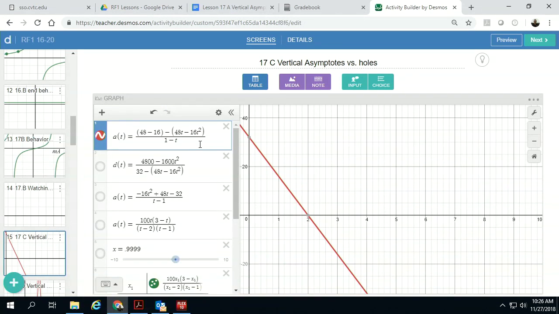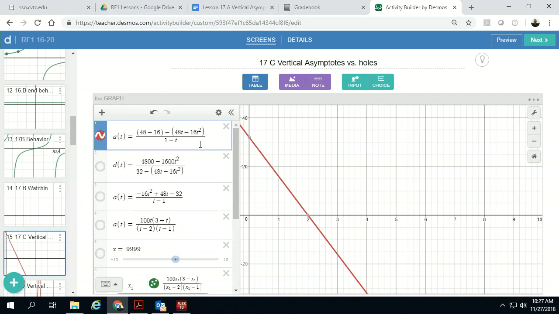Everybody agree it's a rational function because there's a variable in the denominator? But the graph of it looks like a line, correct? It must have a removable discontinuity in it. That's the only reason that you could end up with a linear function. So you have to find where that is.